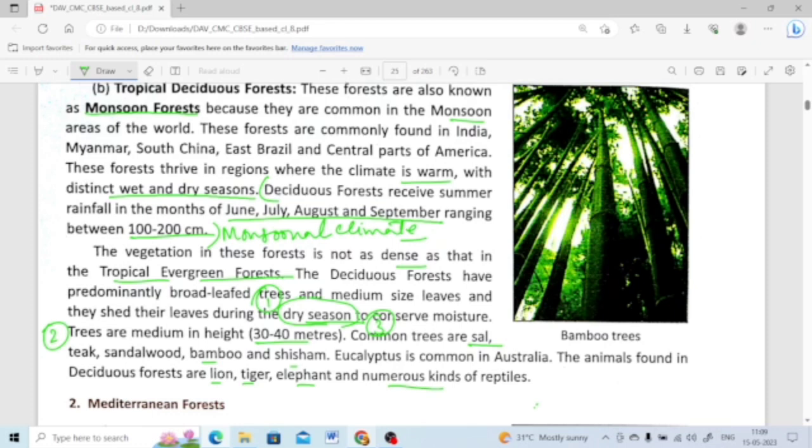Now, talking about eucalyptus, if you use a topo sheet someday, you will find in the dry plateau regions or badlands, eucalyptus and another tree called acacia is planted. These two trees are planted to bind the soil.